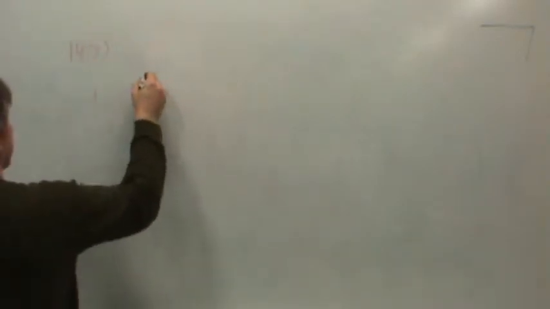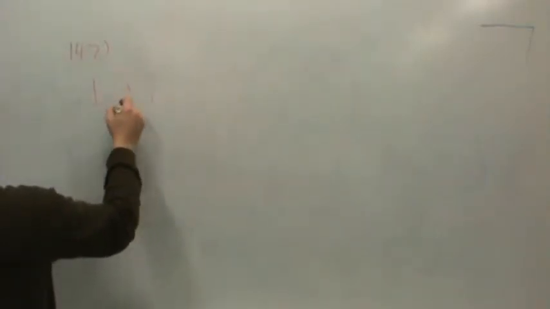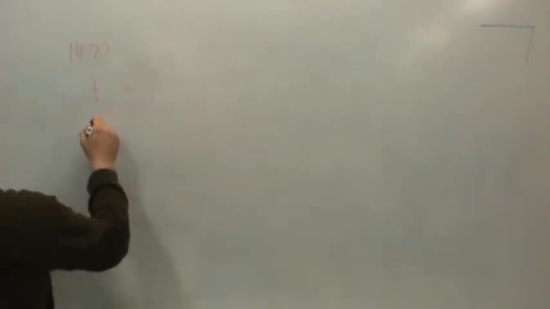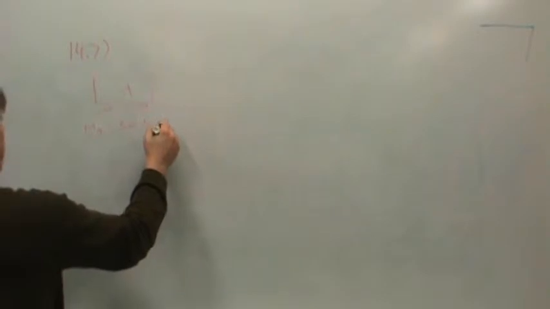14.7. So we've got three train cars. A, which is 30 tons. This way, the mass of A is 30 tons. And I'm going to switch color because I'm afraid the red may not show up well on the video.